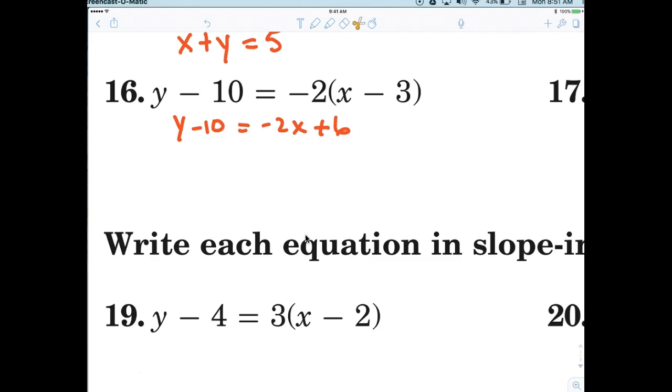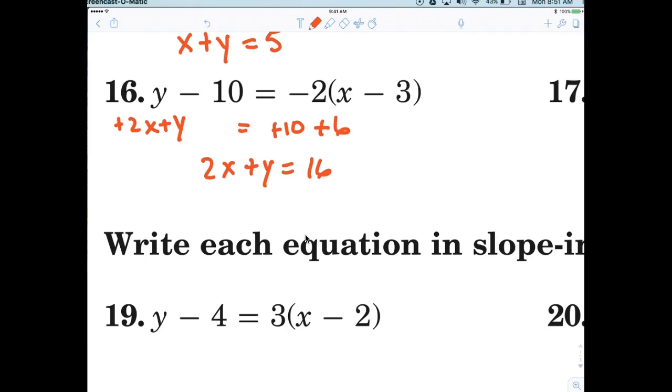You're distributing first. Okay, so you're gonna move negative 2x, and it becomes 2x plus y, and then you move the negative 10 over, so it equals 6. So your final answer is 2x plus y equals 6.